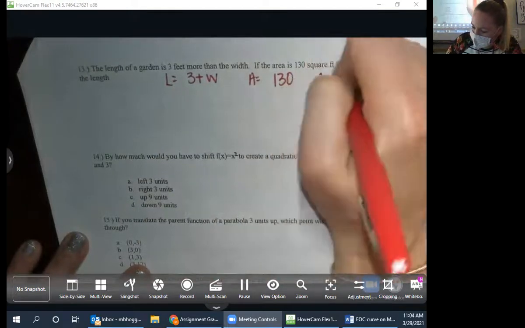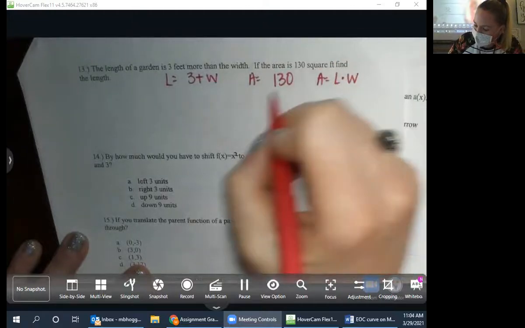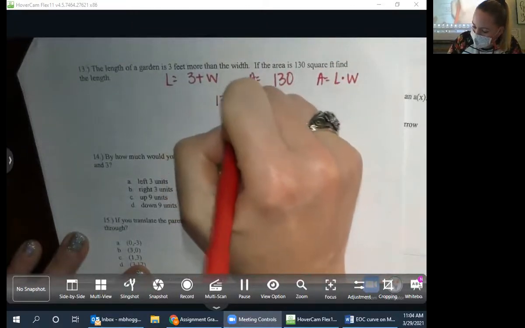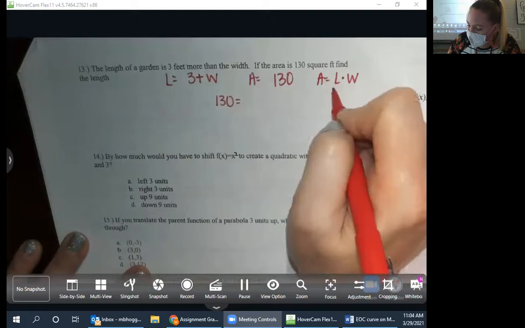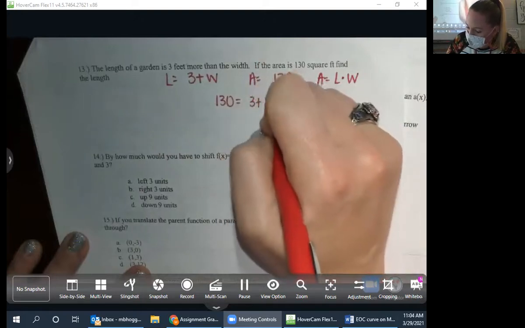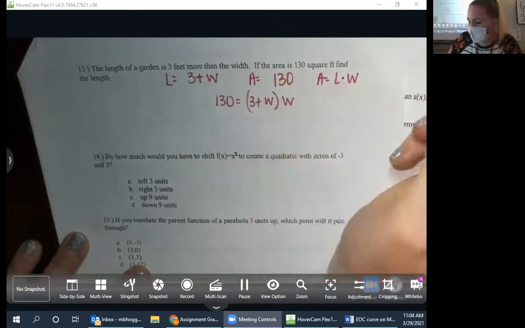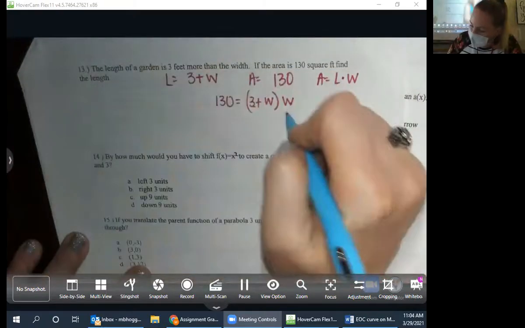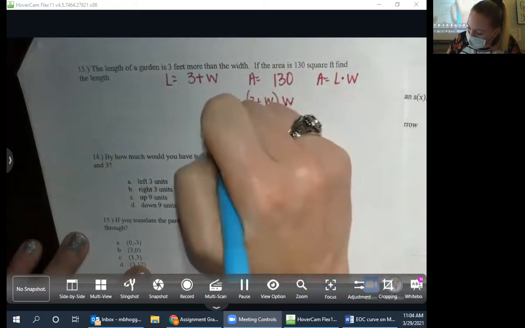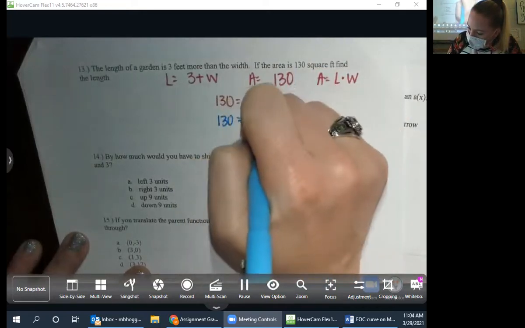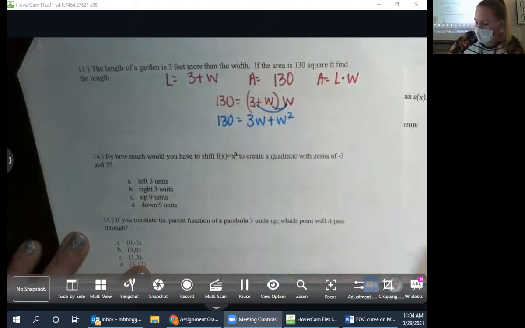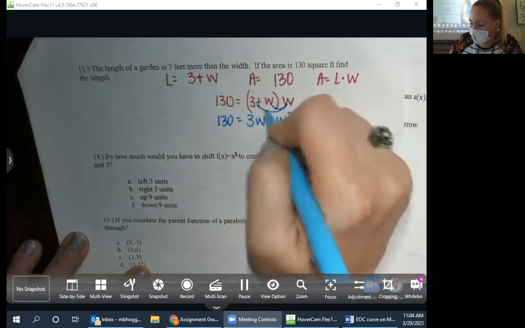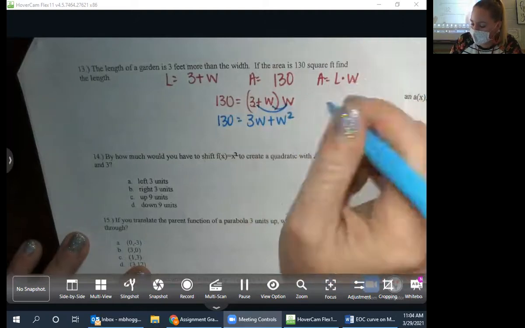Okay, so if area is length times width, we know 130 equals, we're going to sub in what we know, 3 plus W times W, the length times the width. So now we distribute the W. We get 130 equals 3W plus W squared. All I did was distribute W times W and W times 3.